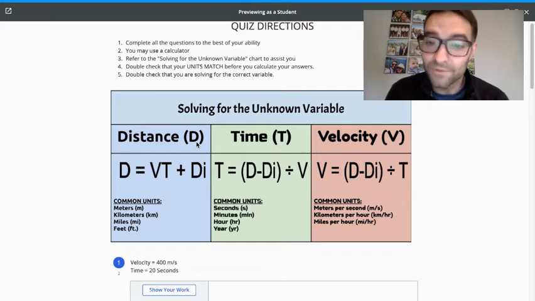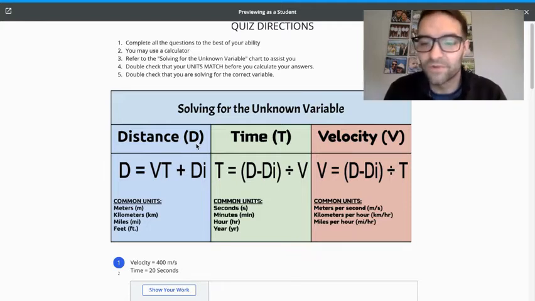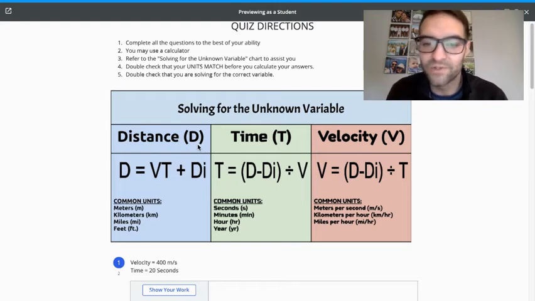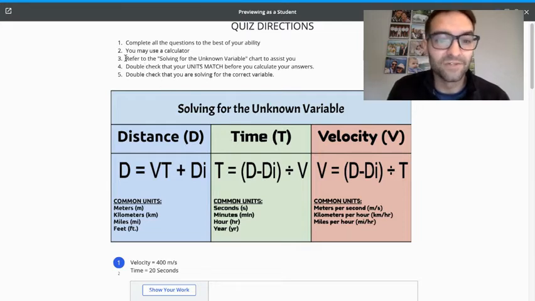If you did do the practice and did well, as a teacher, I can look at that and go, okay, yeah, they understand the linear relationships that we've been talking about. But this is also an additional opportunity, so I can really look at all the work you've been doing. This is a slightly different format, but really it's not a whole lot different than what you've been doing. The biggest thing, though, is you are going to be solving for that unknown variable.